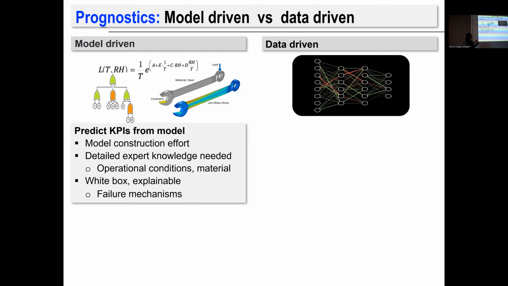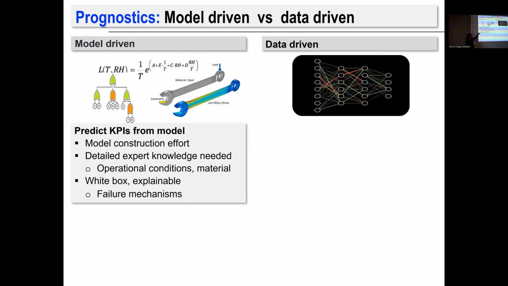You need to know the material, the stress, the temperature, the load, etc. And then those models can predict, for instance, how much wear is incurred. So those models can tell you exactly how much material is removed from a rail or from those tools when you use it.